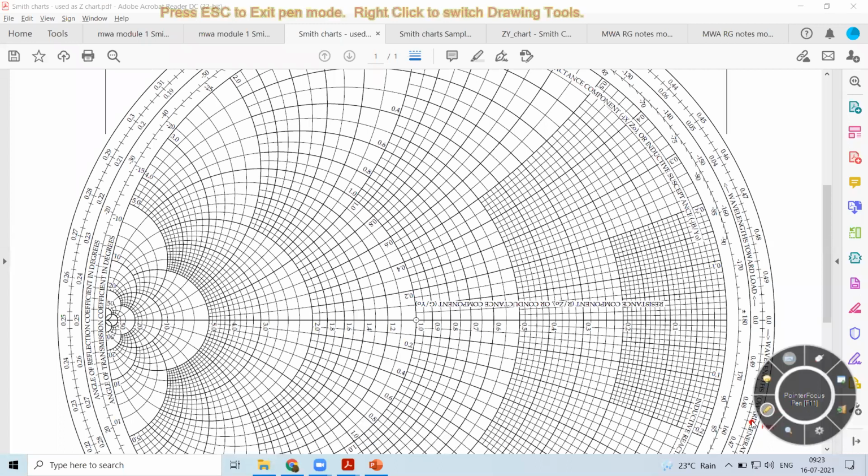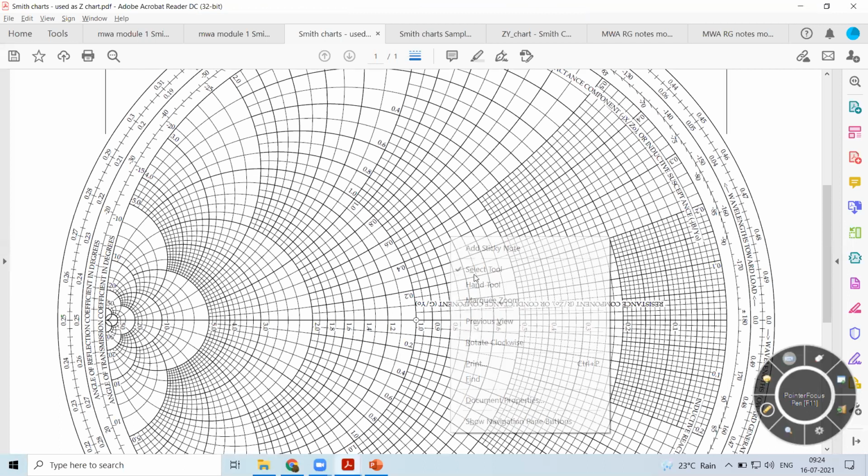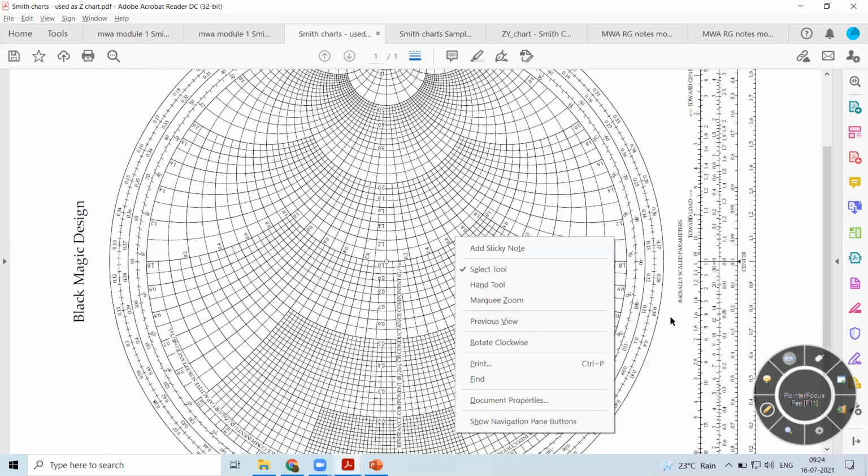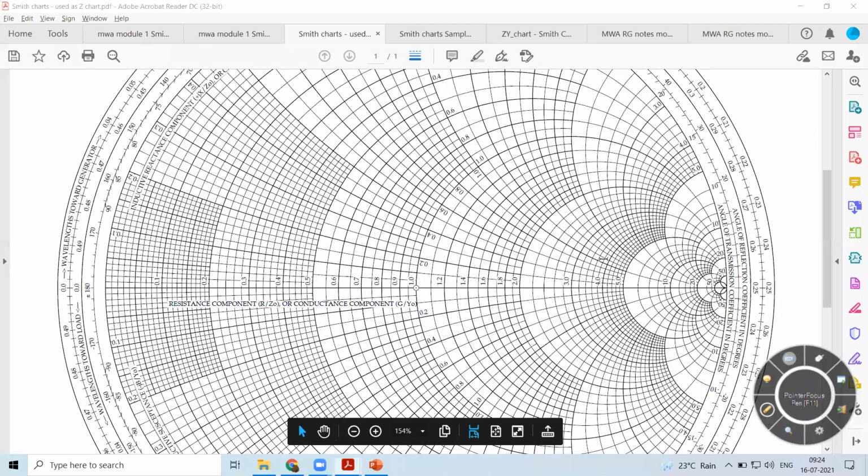In the Z chart, what happened? If I'm using this chart, this part I used for inductance, and this part I used for capacitance.